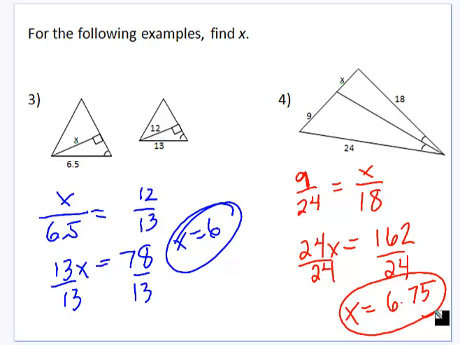Now let's say instead you did 9 over x. Then you'd have to say 24 over 18. No, it does not matter where you start from as long as you keep them in the corresponding parts. Okay? All right, then we got one last example.